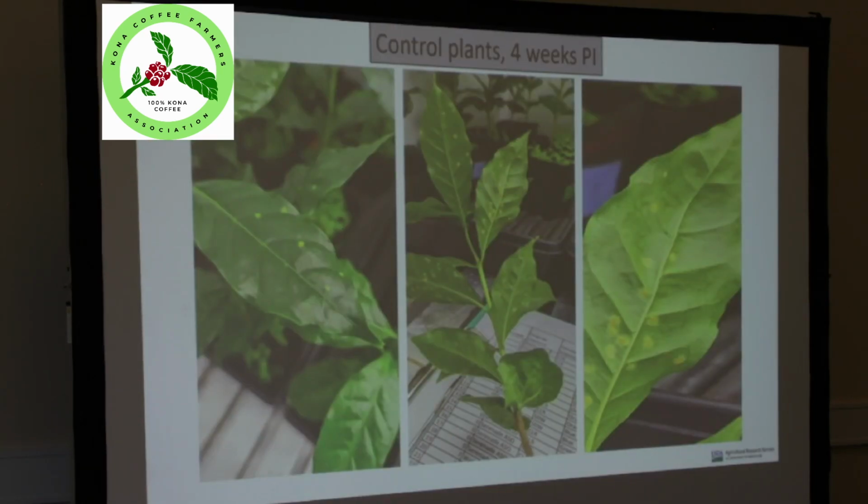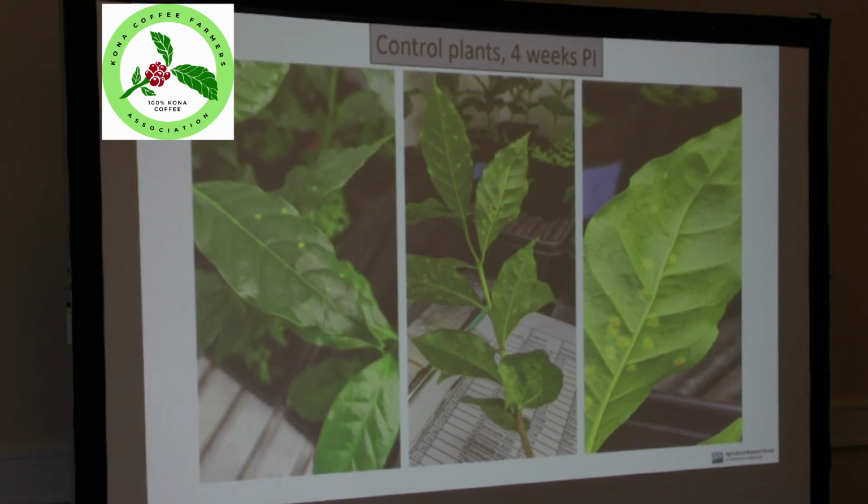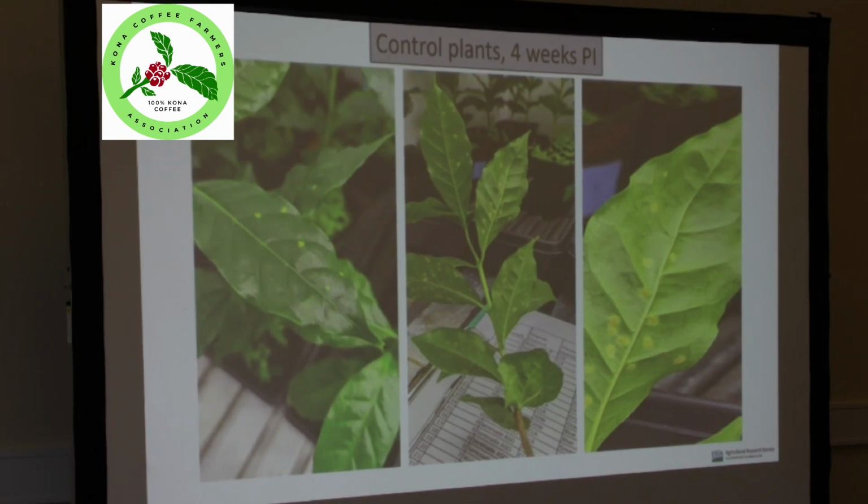Okay, so for controls, this is 4 weeks post-inoculation. Really, anywhere from 3 to 4 weeks, we start to see those chlorotic infection spots on the upper surface and already massive spore production on the underside of the leaves.